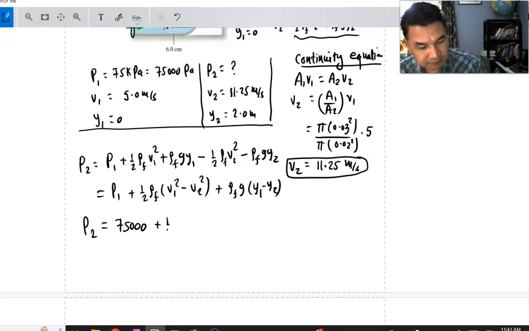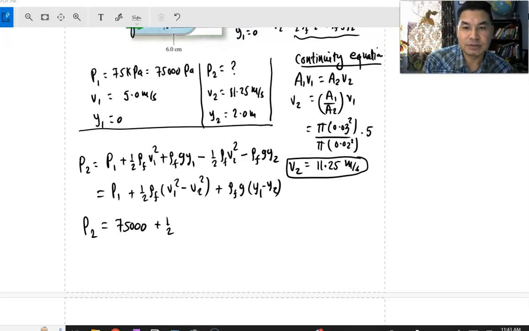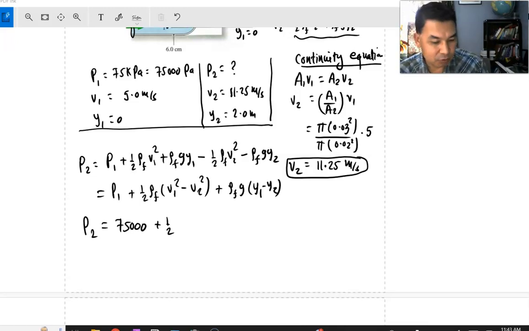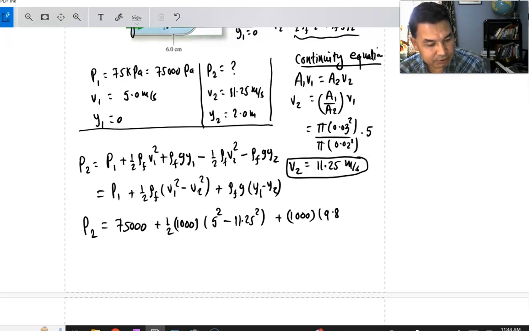Then 1/2 the density, rho of the fluid, and our fluid system is water, and fresh water has a density of 1,000, from the list of densities that will be given. And V1, let's go back to the list, is 5 squared minus 11.25 squared, and the last term is again the density of the water, 1,000, times 9.8, the acceleration due to gravity g, times Y1 minus Y2, where Y1 is 0 minus the height Y2, which is 2.